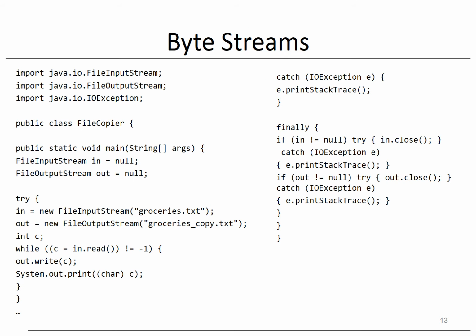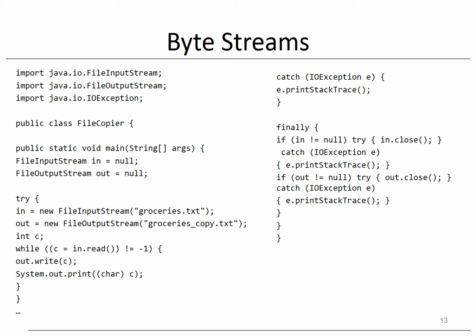You can see a first example of using input and output streams. Our Java program illustrates how to copy a file using both streams. We start by importing FileInputStream, FileOutputStream, and IOException from the java.io package. FileInputStream will be used to open the file groceries.txt.